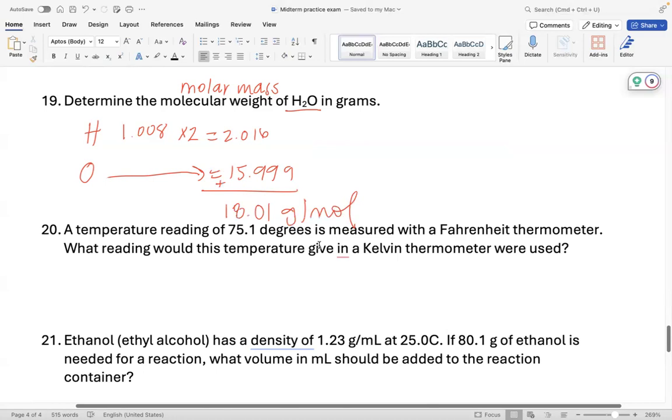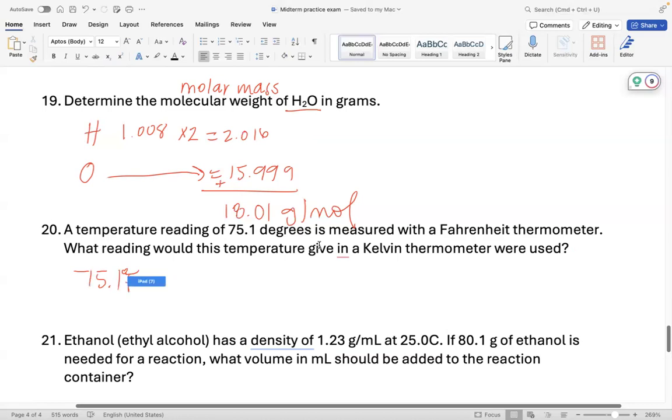Okay, so number 20, this comes back to us from lecture 1 as well. This is converting temperature. So you would be given the formulas, you just got to plug them in, basically. A temperature reading of 75 degrees is measured on a Fahrenheit thermometer. So our given here is 75.1 degrees Fahrenheit.